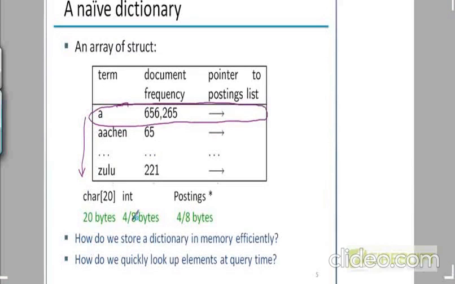Let's assume that each term is approximately 20 bytes, or a maximum of 20 bytes. We could use a 4-byte integer to store the document frequency, but what's the maximum size of an integer that can fit into a 4-byte word?